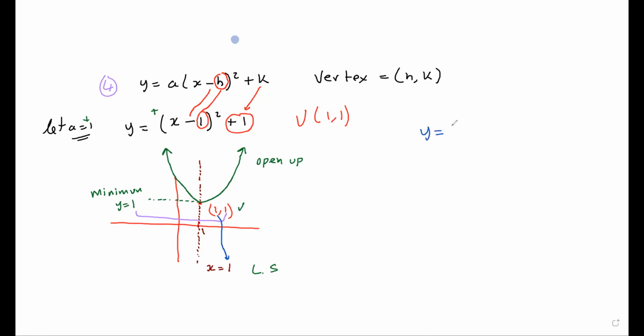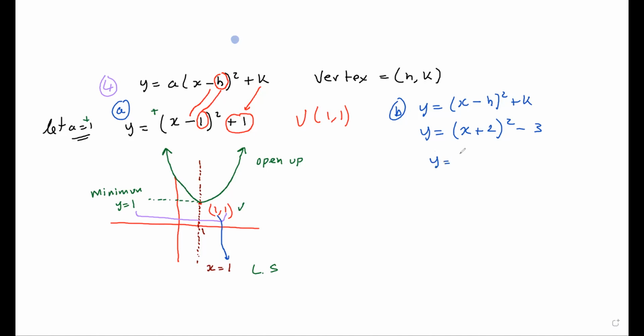So y equals x plus 2 squared minus 3. So look at your general form, which is x minus h. The problem here is you have a plus. So let's write the general form here. Call that B and call this one A, if you like. So x minus h squared plus k. Because you have a different sign here, we should make this into minus negative.